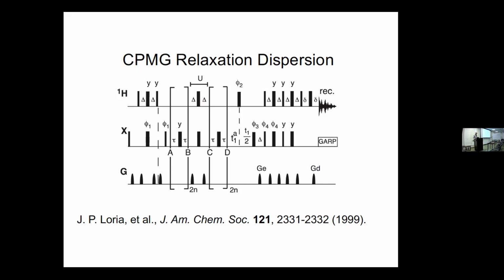And then when Pat was a postdoc, he realized that all one needed to do is, here we create antiphase magnetization. We're doing the CPMG on the antiphase magnetization. As a result of the J coupling, we build up some in-phase magnetization. And here we have a sequence that swaps in-phase and antiphase magnetization.